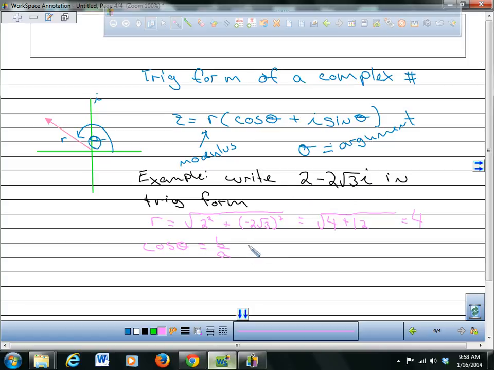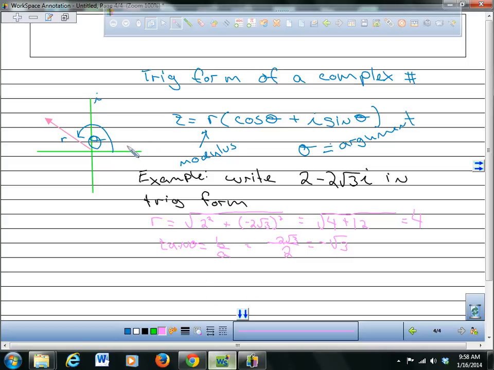Sorry, I said cosine, I mean tangent of theta. So tangent of theta is equal to b over a, which in this case is negative 2 root 3 over 2, which is just negative square root of 3.